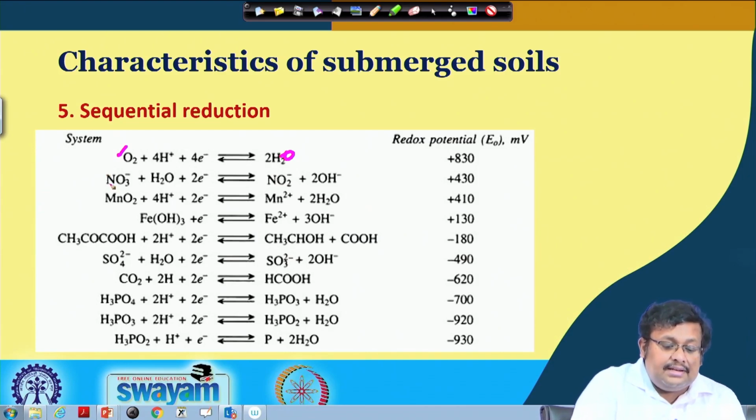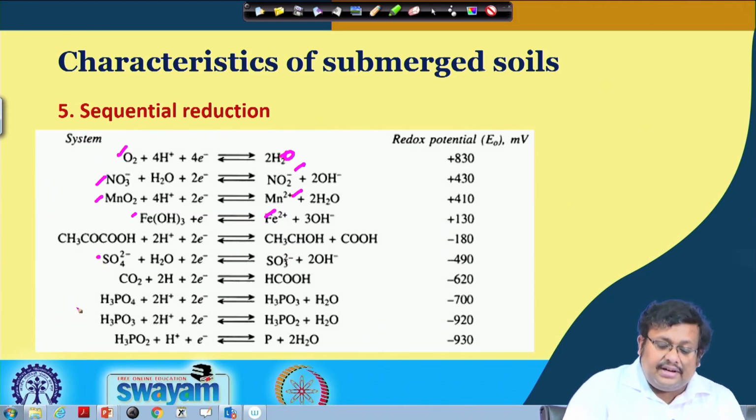Now, then second, the nitrate gets reduced to nitrite, which is very transient, but it is a reduced species, nitrite. And also you can see that manganese dioxide is getting reduced to manganese Mn2+, followed by Fe(OH)3 to ferrous. So, ferric hydroxide to ferrous, and then so on and so forth.